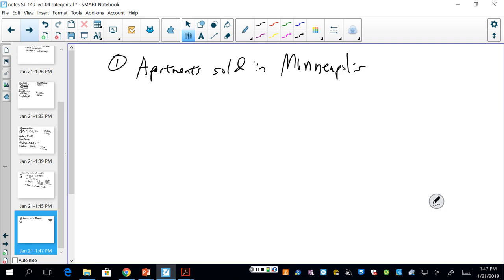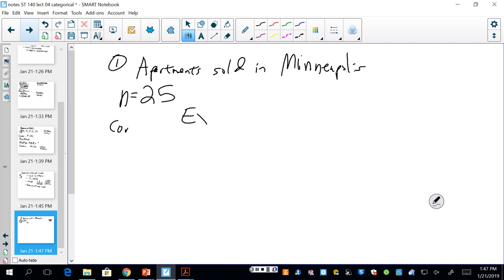This is a small data set that's included in a different introductory textbook, actually the one we use for 120, right? And so there's 25 apartments that were sold during a certain period of time. And one thing that's associated with the apartment as a categorical variable is their condition.